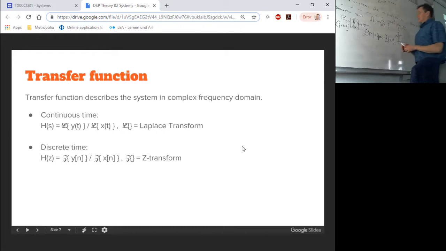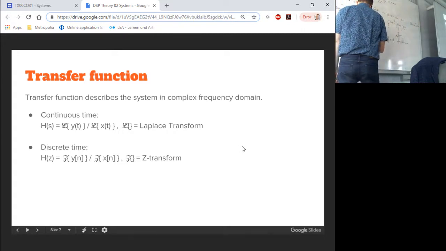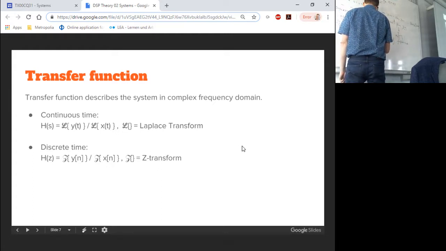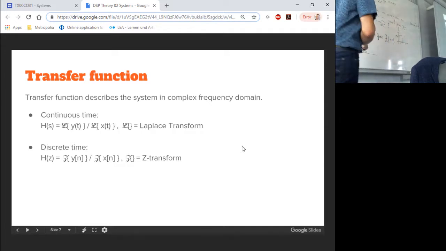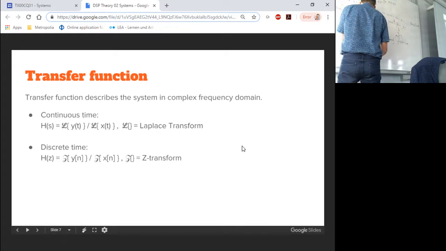And with some mathematics, it comes out that for the linear time invariant system with that sort of difference equation, the system transfer function is simply the sum of bk times z to minus k, divided by the sum over k from 0 to n of ak times z to minus k.